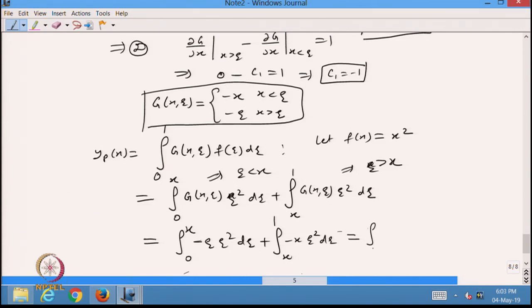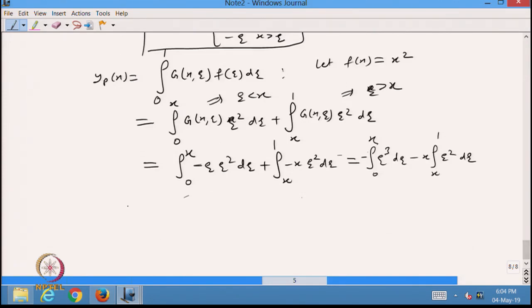I will just solve this one: 0 to x of minus xi cube d xi, minus x times the integral from x to 1 of xi square d xi. This x I can take outside. Now I will solve this further.